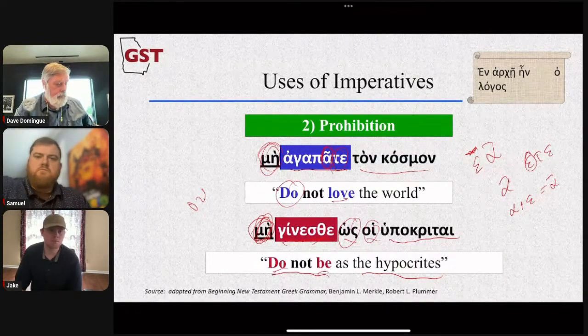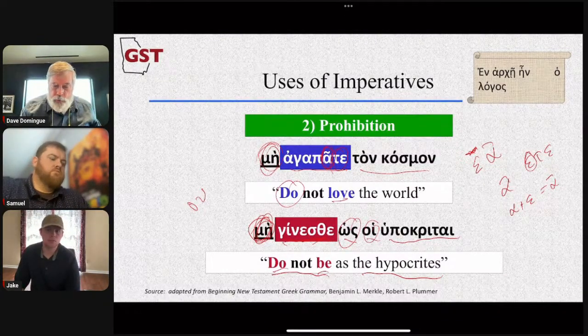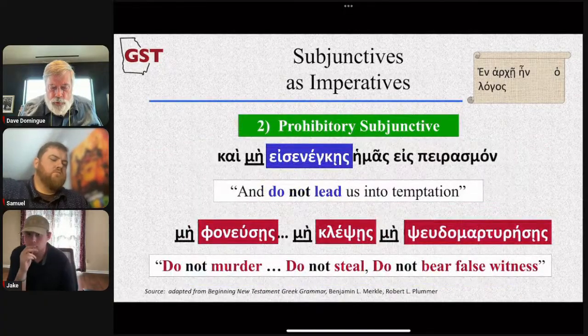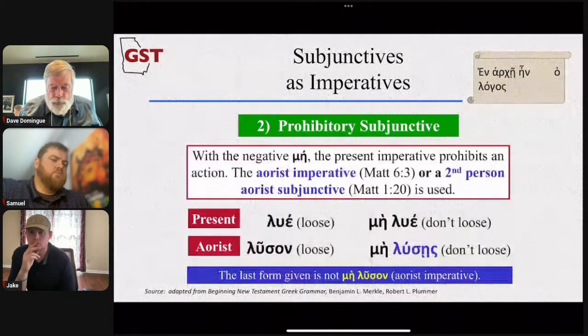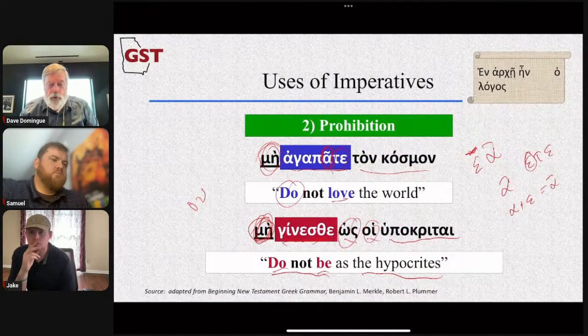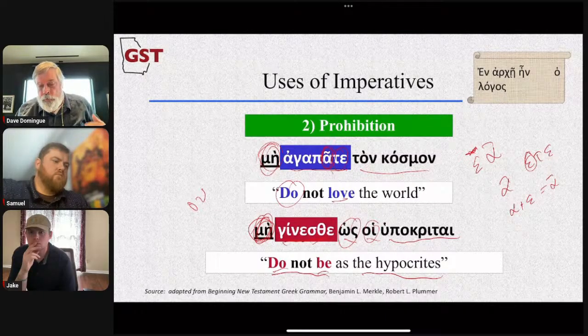Let's go to the book for a minute. Okay, there's some more in here on prohibitions. The bottom of page 384 starts talking about prohibitions, and on top of page 385 it gives you three different prohibitions, 1, 2, 3.